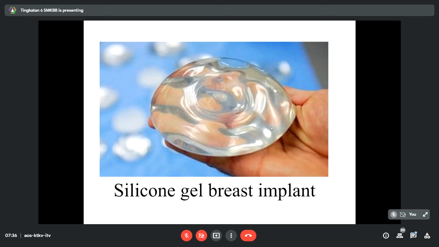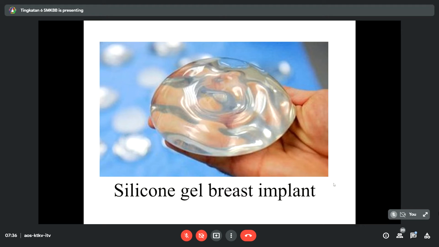Because I guess nowadays plastic surgery is not something very uncommon. You definitely heard there are other methods, right? For example, for those who are having breast cancer, after you cut your breast, of course you need to build in something so that it looks normal. Nowadays there's a choice.